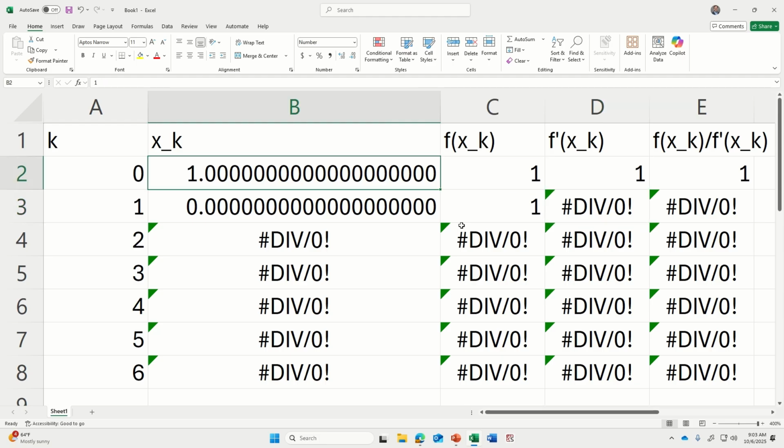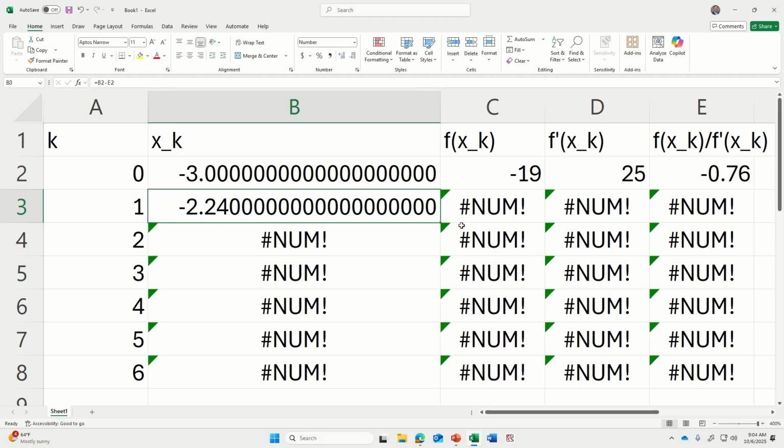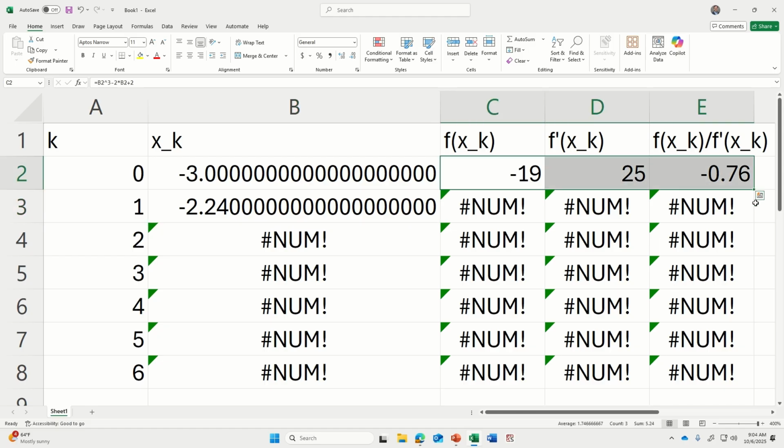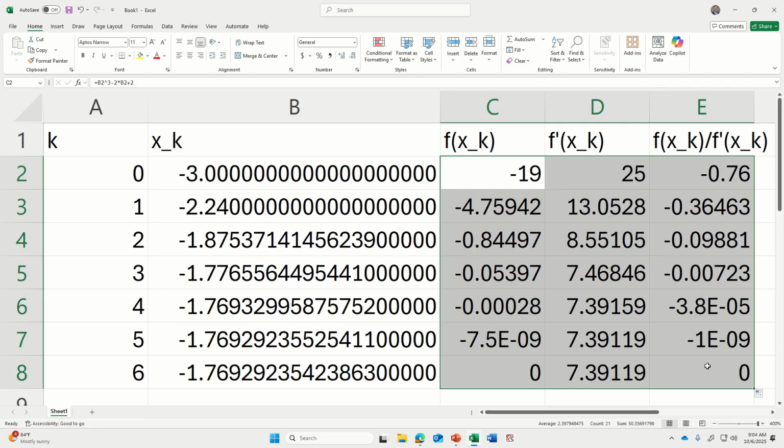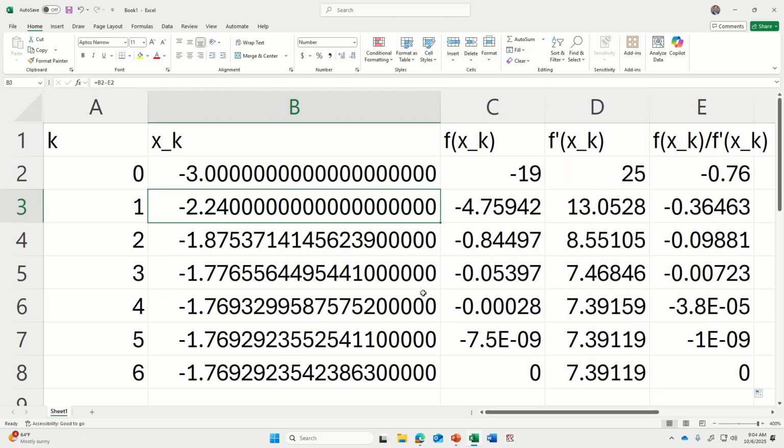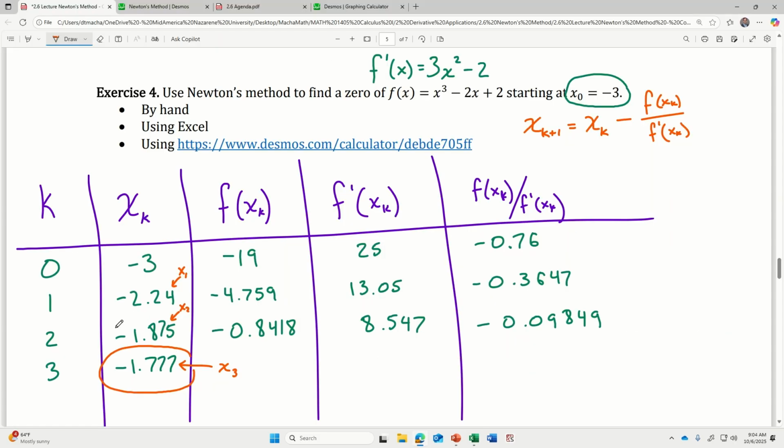And my starting iterate was -3, I think. And so what we would eventually converge to is -1.769. And after 3 iterations, we were at -1.777, which is pretty close. That's what we were supposed to get.